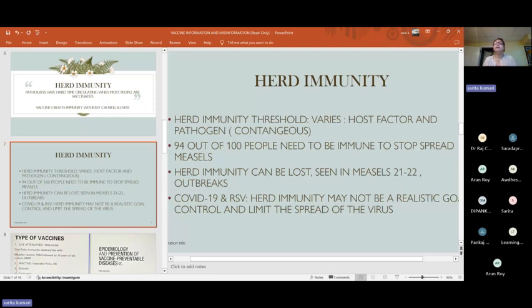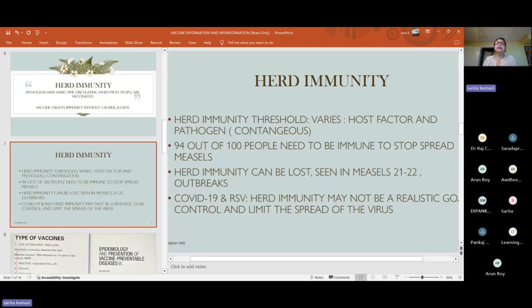So keep getting vaccinated depending upon how long you need: for smallpox only once, for tetanus every 10 years. Depending upon the duration of protection, you have to keep getting immunized to keep that herd immunity intact.